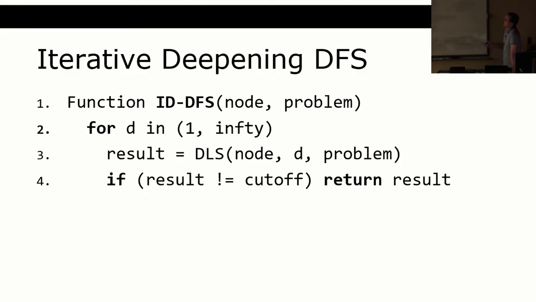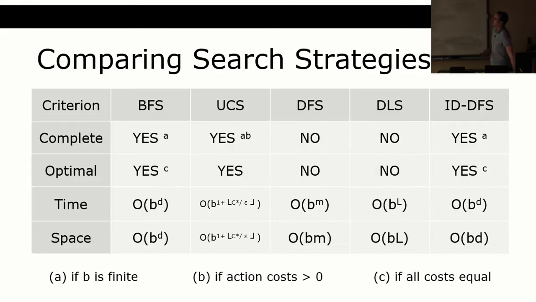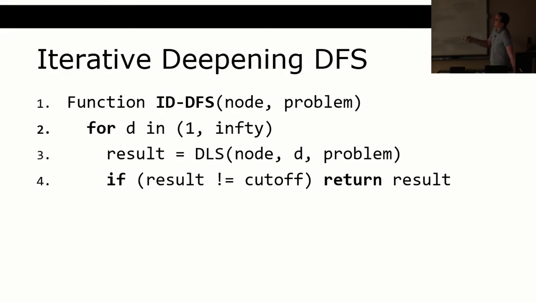If the result was not equal to a cutoff, meaning that we found a solution or we searched everything, which means there is no solution, then we return that result. Otherwise, it doesn't actually say an otherwise here, but if that is not true, then we just go to the next depth. And we go to the next depth and the next depth and the next depth. So if the first solution is at depth 6, we'll find it at depth 6 with this algorithm.